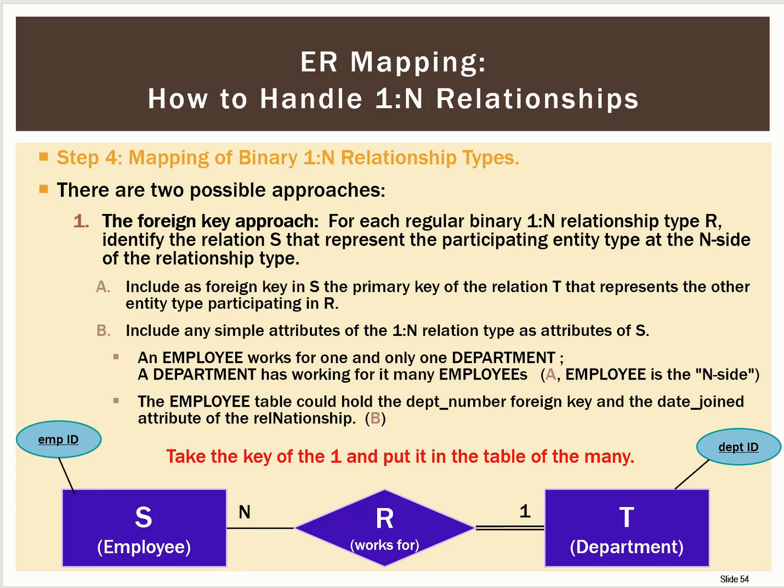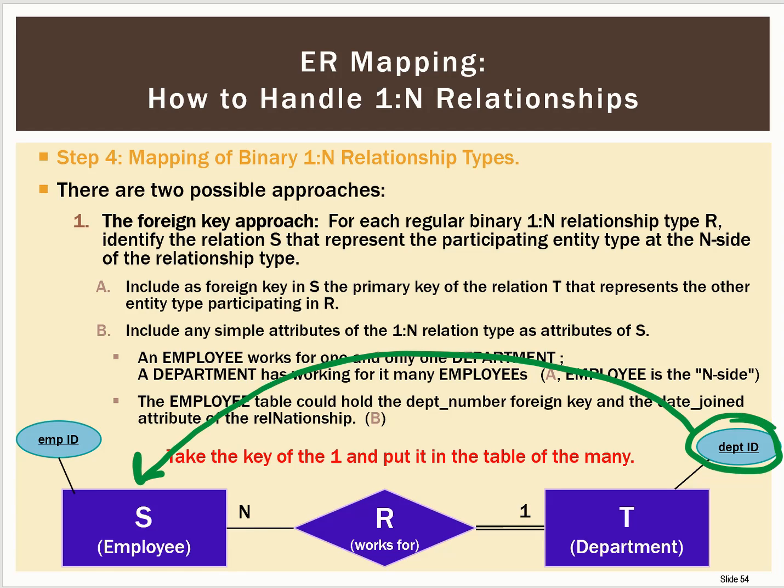You need to take the key from the table of the one and put it in the table of the many. So what we would do here is we would grab a department ID and put that key in the employee table. This is the employee works for a department. So an employee works for one department, and a department has working for it many employees.